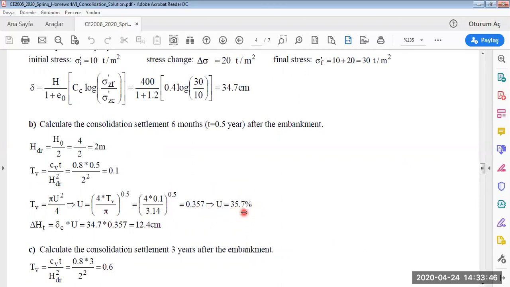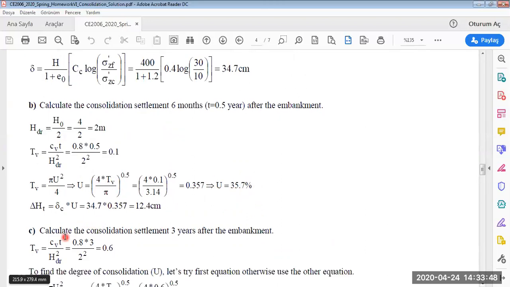This is the degree of consolidation. The amount of settlement at any time of the consolidation is equal to total consolidation settlement times degree of consolidation. Here is the settlement amount after 6 months of the embankment.